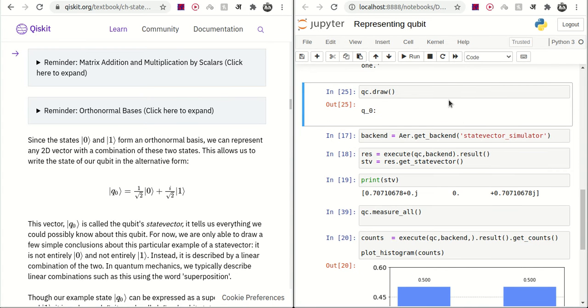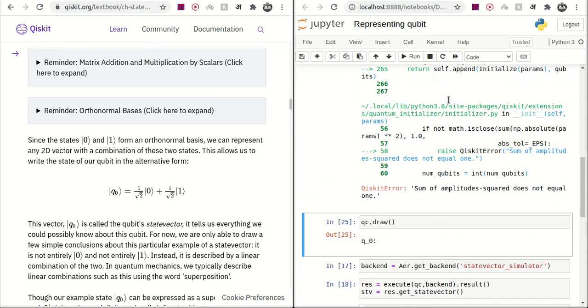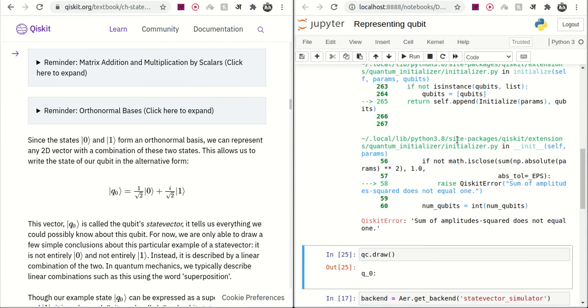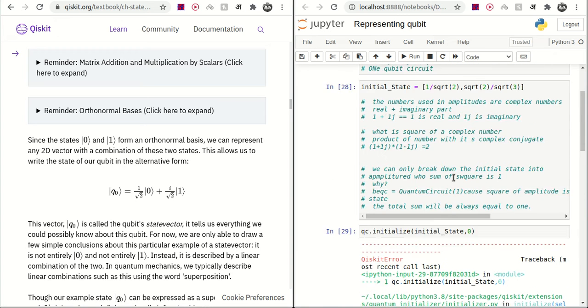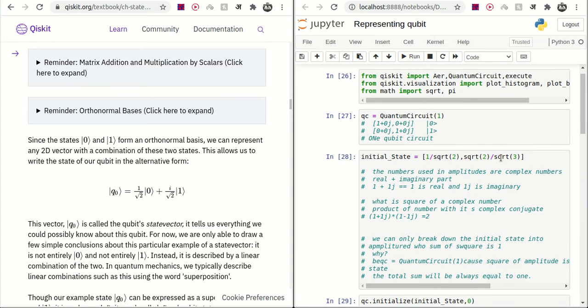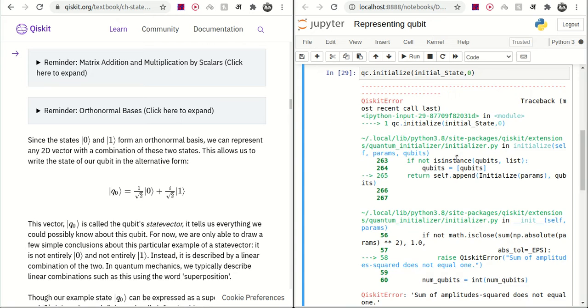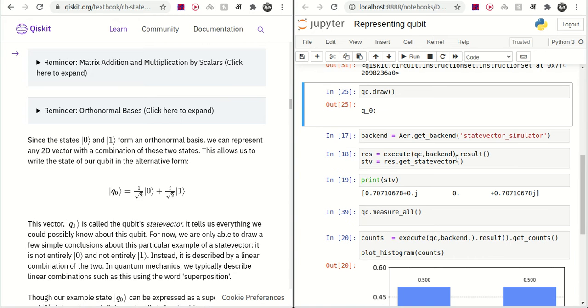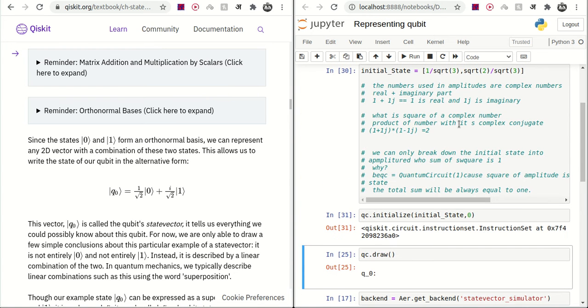We can see that some problem is there, the sum of the squares does not equal 1. So we have to make it 3. Then we don't get this error.